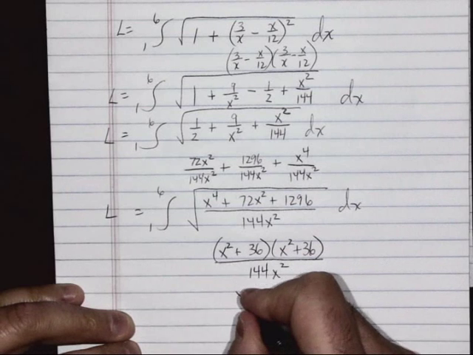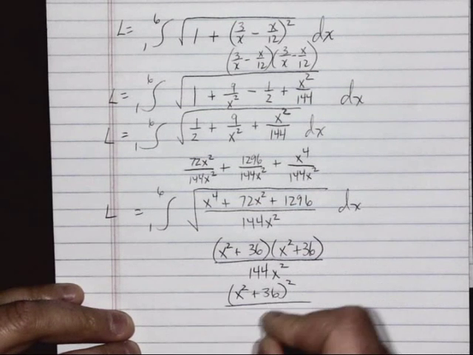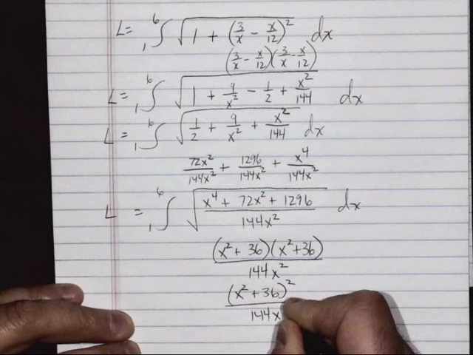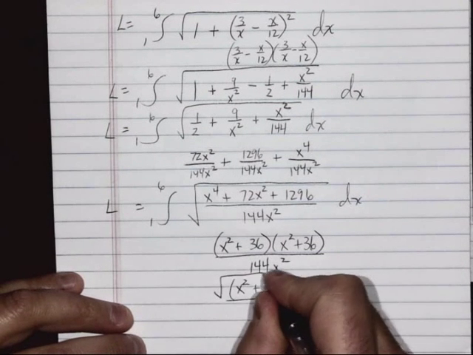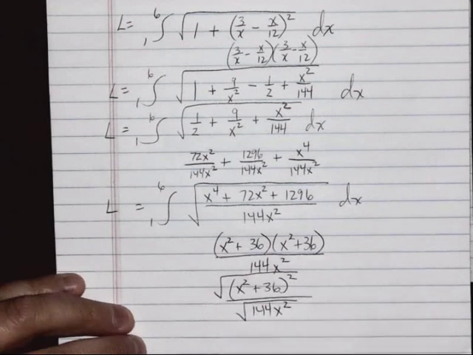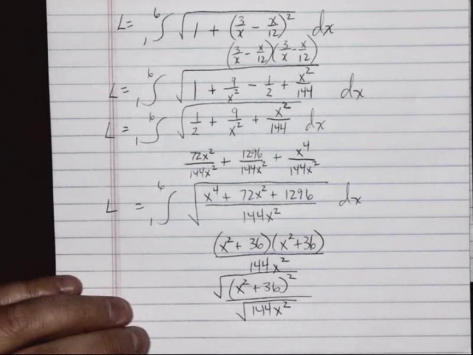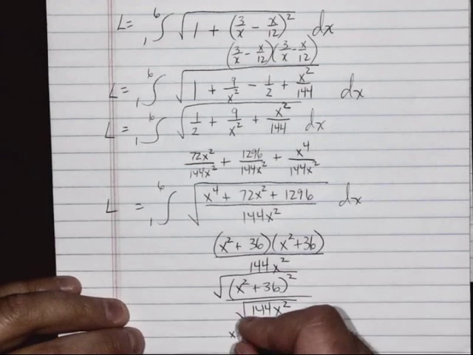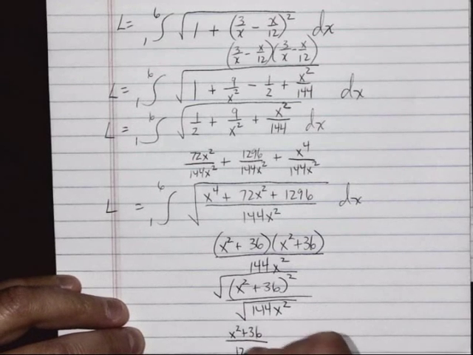So obviously I can rewrite the top as this. And that's all under the square root, and I can break that square root up into the top and the bottom here. So then that's going to give me x squared plus 36 over 12x.